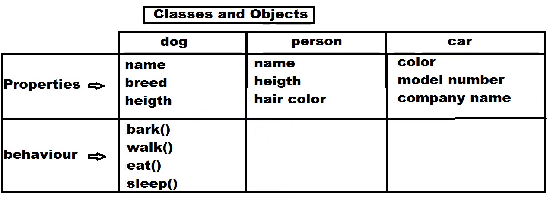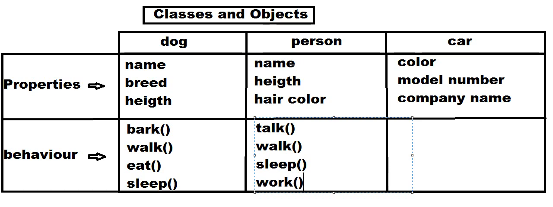Now, what can be the behaviors of a person? Talk can be a property, not property, behavior. Walk can be a behavior, sleep again can be a behavior, and work can be a behavior. Now, what can be the behavior of a car?